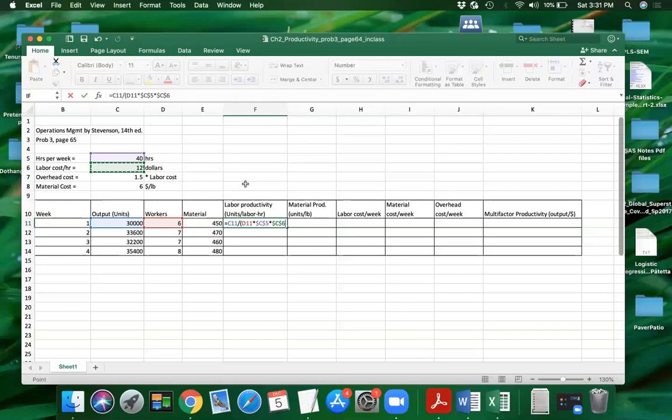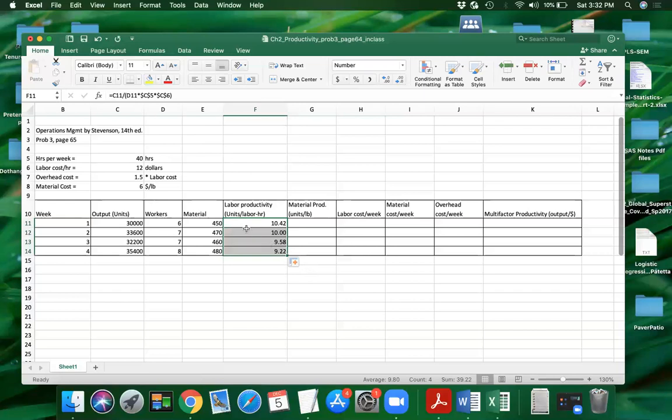Why am I fixing these two cells? Because I don't want them to change; C5 and C6 are going to be the same for every row, but the number of workers is going to change. That's why I want to keep them fixed. So it's going to be 10.42, and if you drag it down, it's going to be like this.